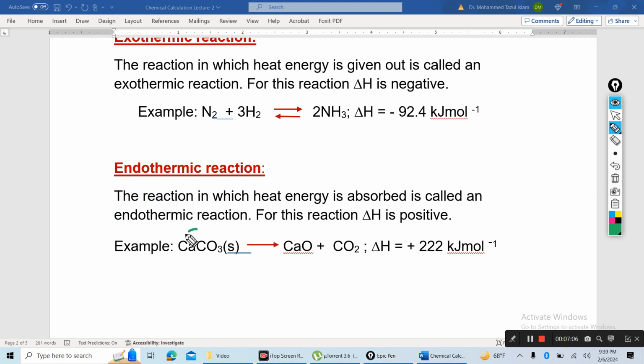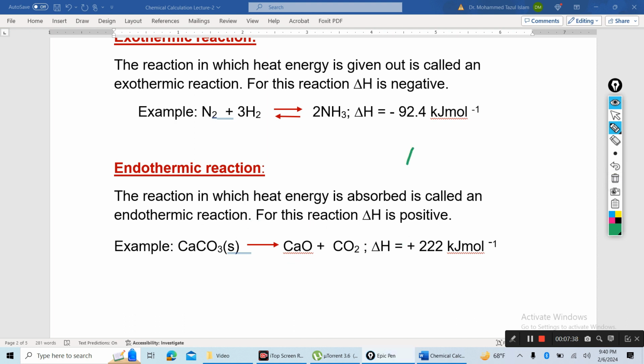So when you heat calcium carbonate, if you supply heat, it breaks down to produce calcium oxide and carbon dioxide. For this reaction 222 kilojoule energy is needed. So as del H value is positive, this reaction is known as endothermic reaction.